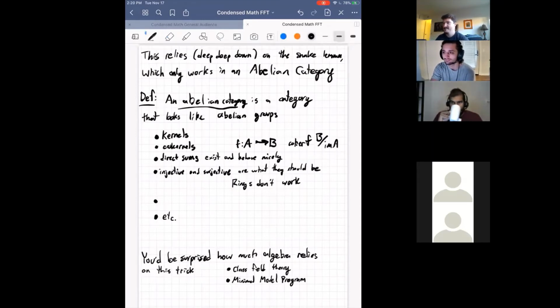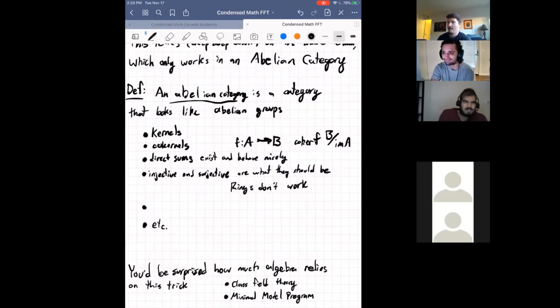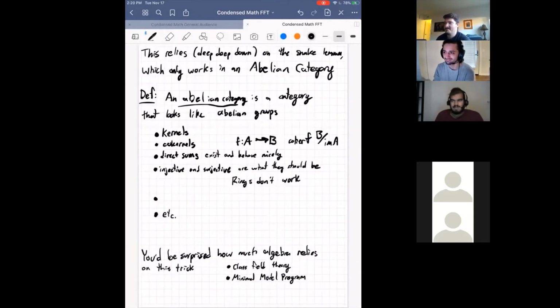And then the Hom sets of two objects, or groups or whatever, modules, are an abelian group.